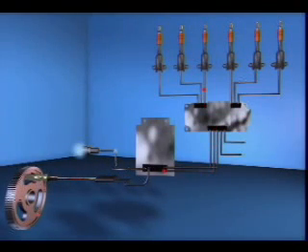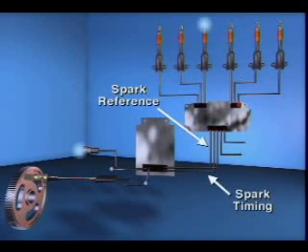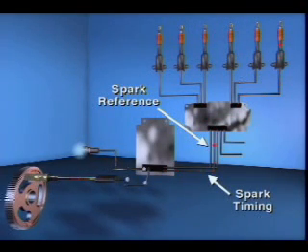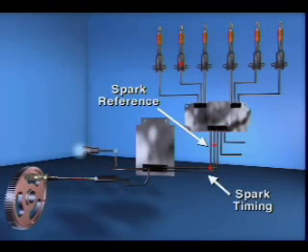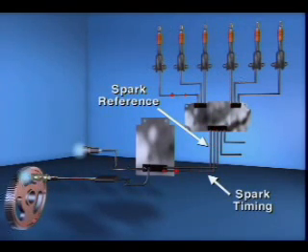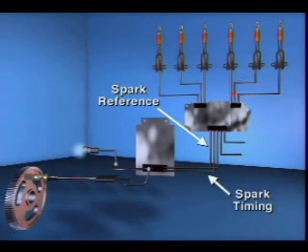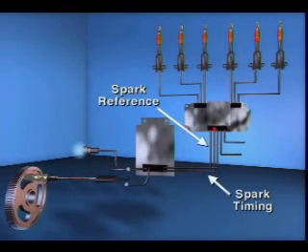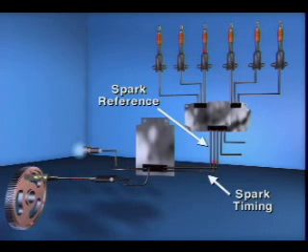The ECM recognizes the 7th signal from the 1 unevenly spaced protrusion as the indicator for the start of a new cycle. Each cycle begins with cylinder number 1 as the next cylinder to fire. The ECM uses this signal to generate the spark reference signal for the ICM.